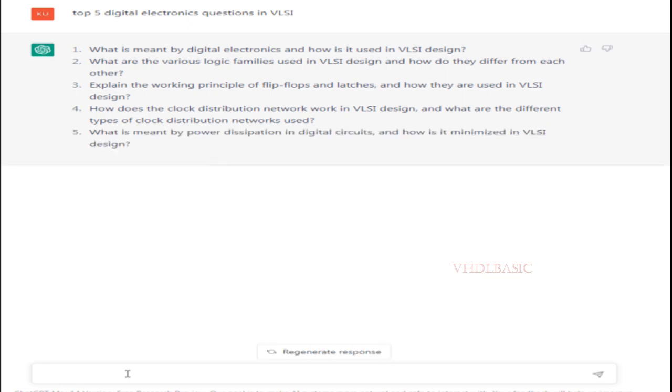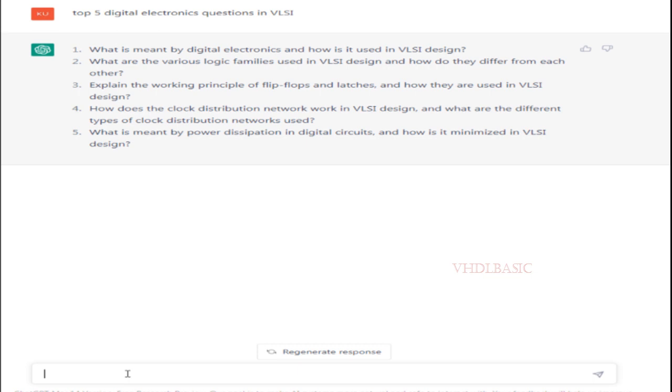Last question of the video. What is meant by power dissipation in digital circuits and how is it minimized in VLSI design? Power dissipation in digital circuits refers to the amount of energy that is consumed or lost as heat when electronic devices such as transistors, logic gates, and interconnects switch on and off during the operation of a digital system.